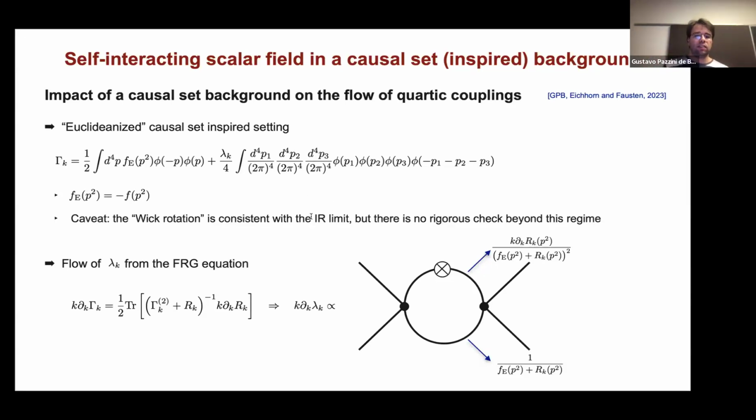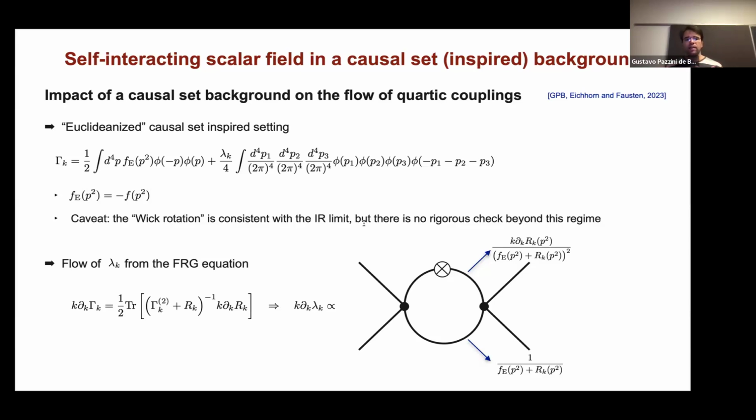So this is consistent with the IR limit of this function f of p squared. But we didn't manage to do any rigorous check on whether this Wick rotation makes sense or not in the full regime. So for this reason, we call this a causal set inspired scenario and not exactly a causal set scenario. So there is this caveat that we need to have in mind in the results that I will present here.